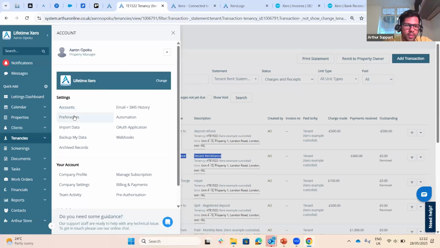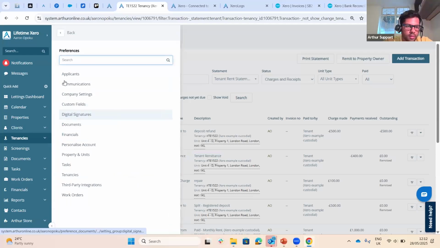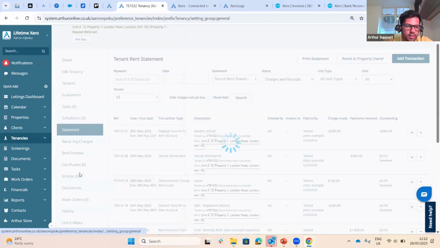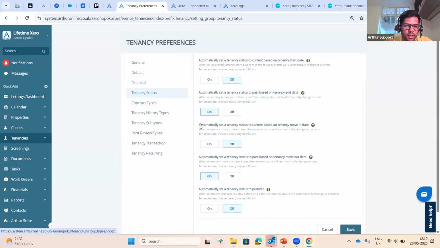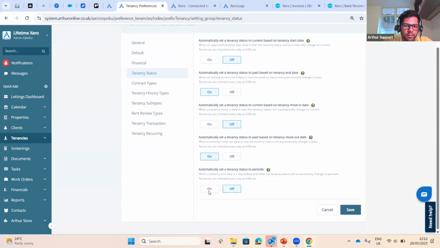If you want to do it through an automation, go to preferences here, go to tenancies, tenancy status here. If you switch this setting on, it will automatically set a tenancy to periodic.